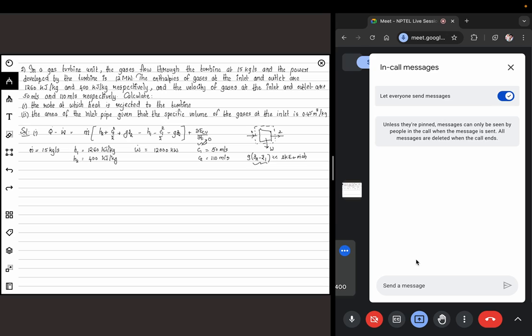I need to find Q dot. So Q dot minus W dot, which is already known, is m dot times H out minus H in plus C2 square minus C1 square. Just to be consistent with the units, I'm dividing by 1000.